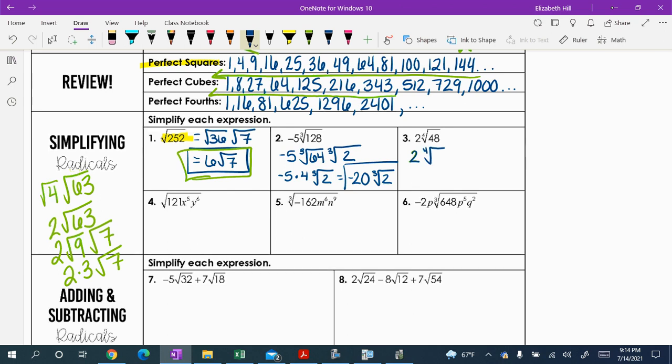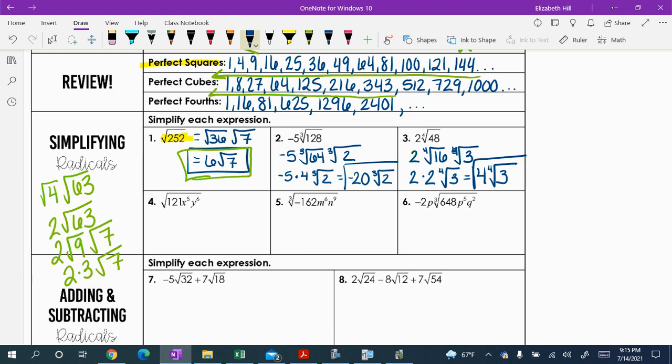I'm going to take the fourth root of the 16, and 16 times 3 gives us 48. So then I've got the fourth root of 3 left over. The fourth root of 16 is 2. So 2 times 2 times the fourth root of 3. 2 times 2 is 4, and then we have the fourth root of 3 left over at the end.